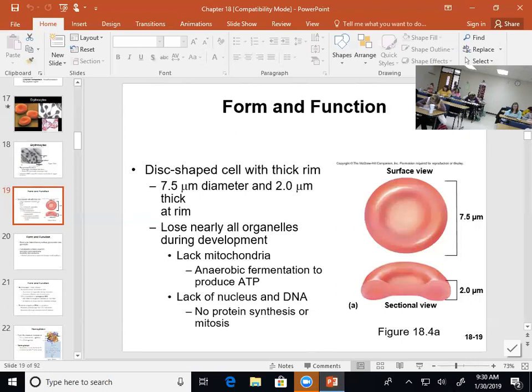And because they don't have a nucleus, which is a good thing for them, they're made of about 1/3 of a protein called hemoglobin. And you want to know that name, that protein. It's hemoglobin. That hemoglobin protein is going to be the predominant thing inside the cytoplasm.